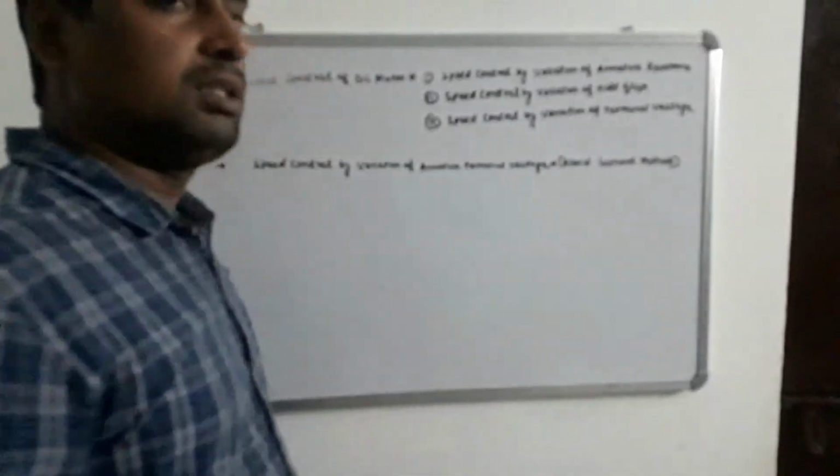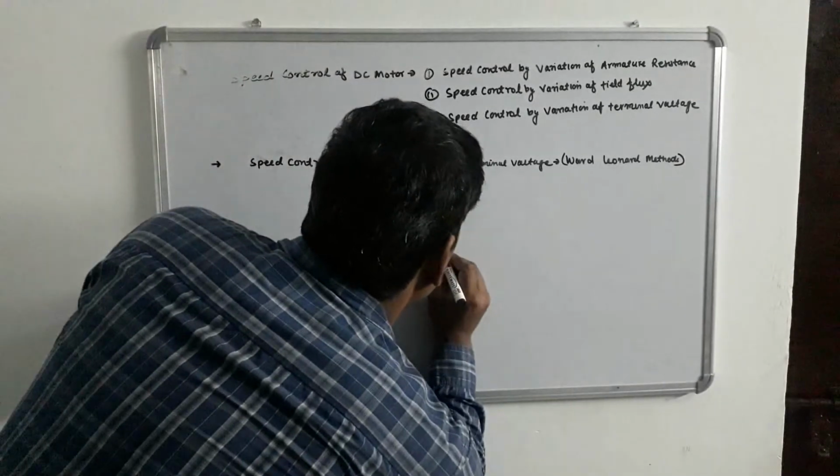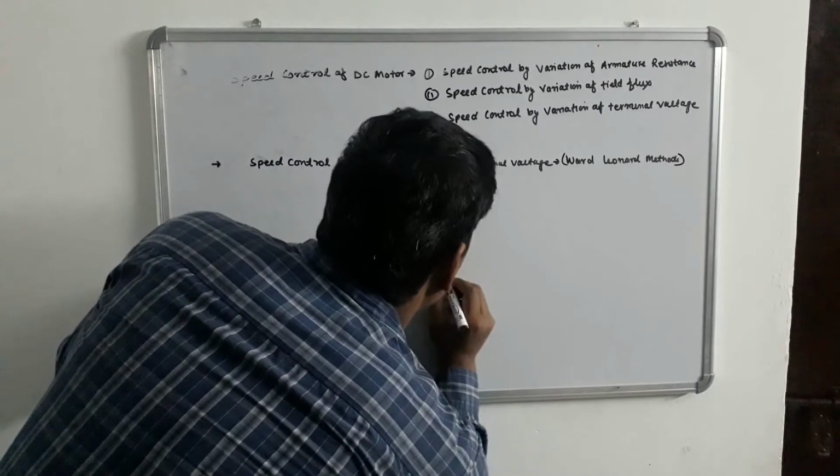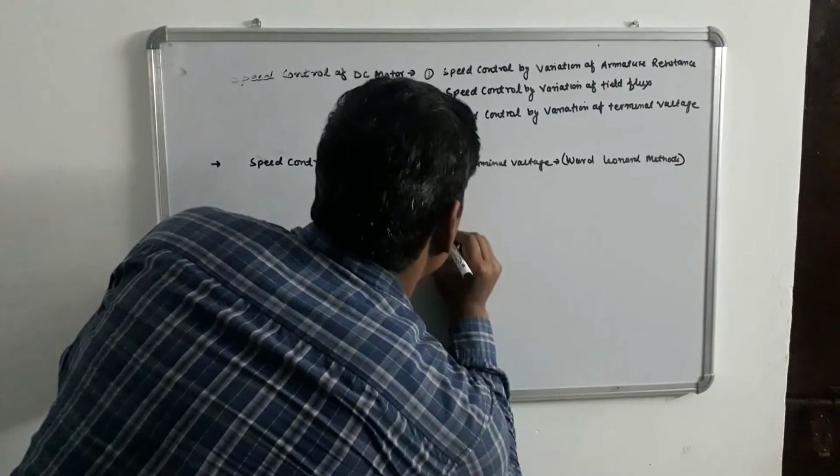In this method, we have to take one separately excited DC generator and the other is a separately excited DC motor. This is the separately excited DC generator.